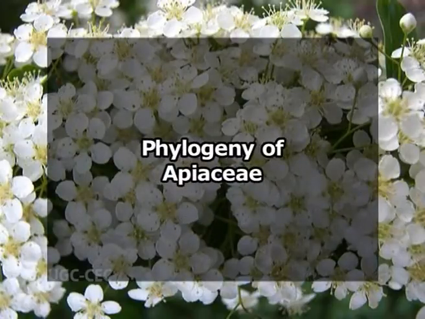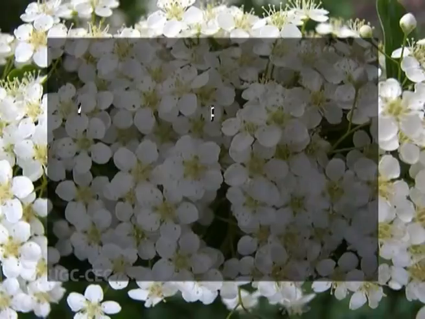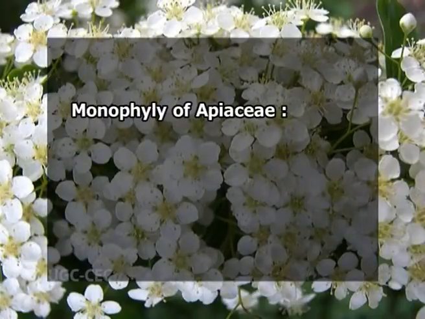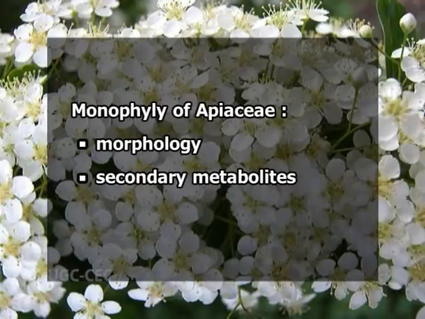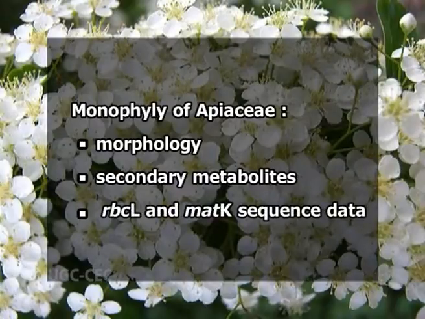Now let's discuss the third part of today's lecture, that is the phylogeny of family Apiaceae. The monophyly of Apiaceae, that means the monophyletic origin of Apiaceae, as a natural group, is supported by various sources, chiefly morphological data, secondary metabolite data, or very recently DNA-based data like rbcL and matK sequence data.